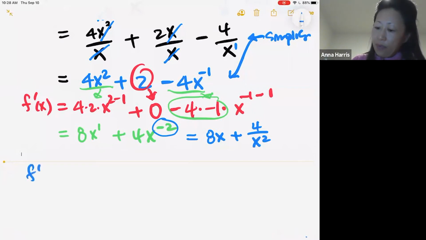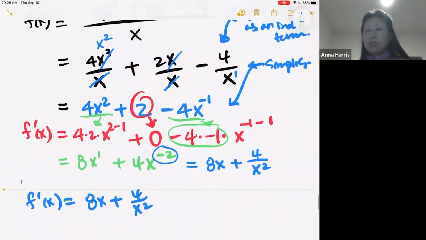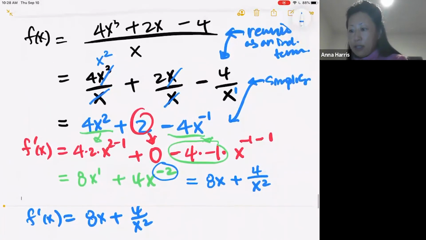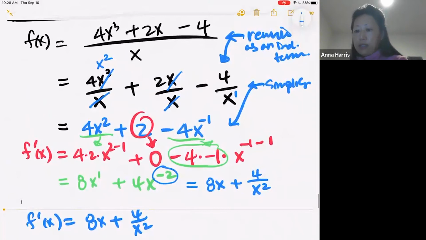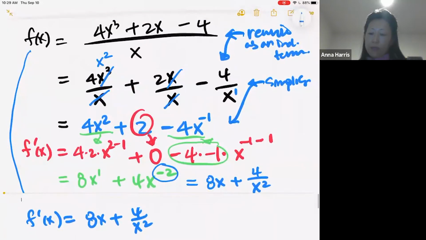So my f prime of x is simply 8x plus 4 over x squared. All right, any questions so far, class? So when you take a derivative of that, this is what you get. Okay, now, any question you have? Anybody have any questions?